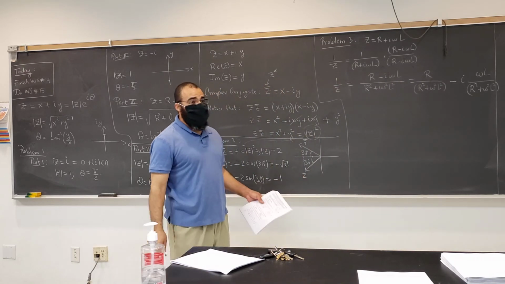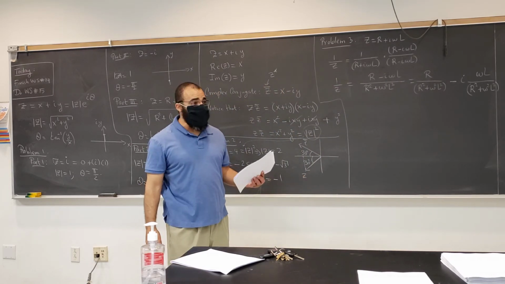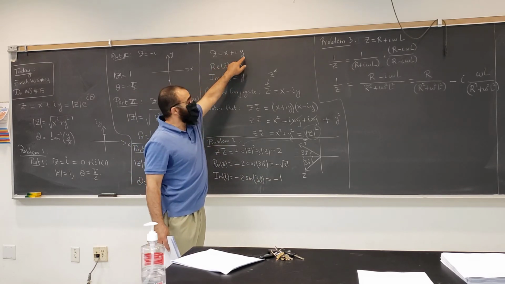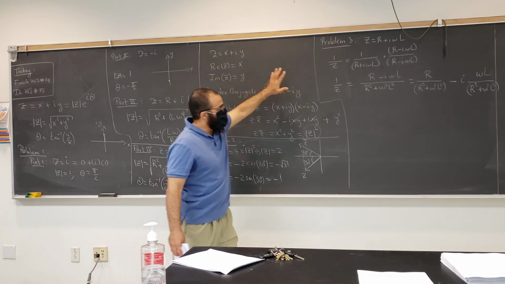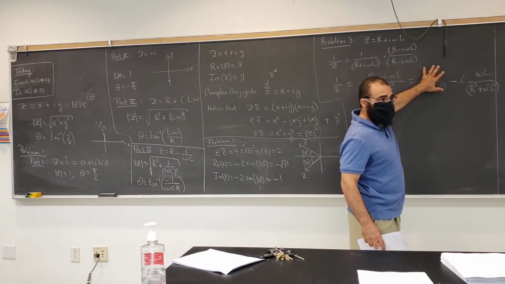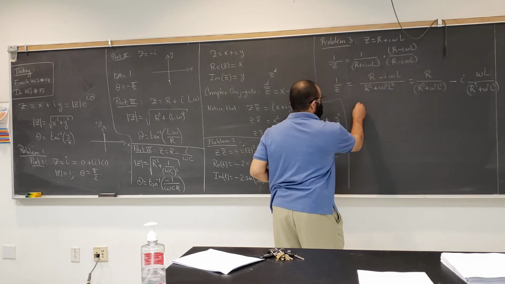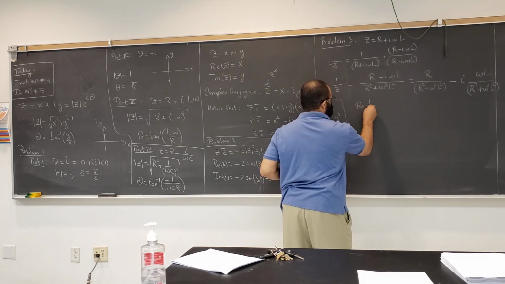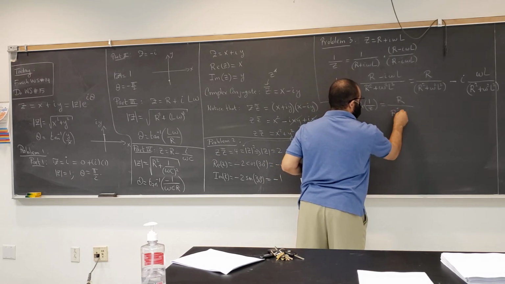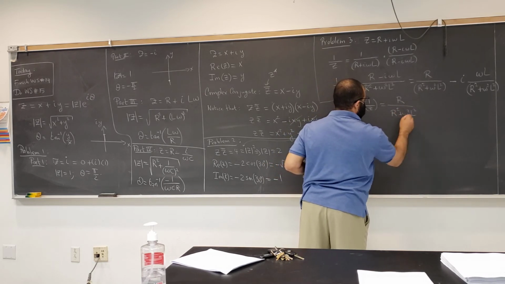Okay, so I have my complex number now written in the form I like. The form I like is a real number plus I times another real number. So, is this a real number? Yes. So this is the real part. The real part of this 1 over z will be r over r squared plus omega squared L squared.